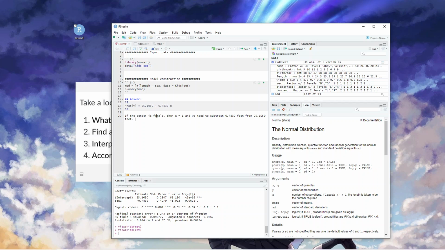So basically, I can regress all the data and say that if I have a girl, then the average of her feet will probably fall into this range.